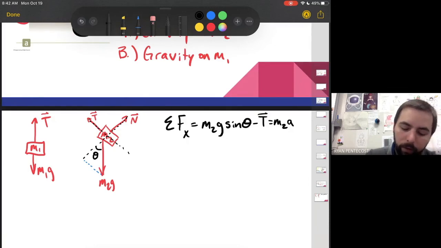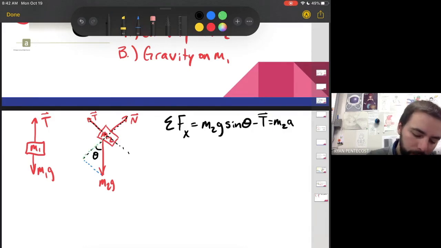Now, there is no acceleration in the y for this problem, but you could see that the normal force would balance with M2G cosine theta, because that would be adjacent.